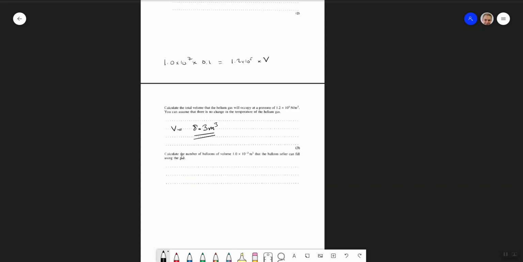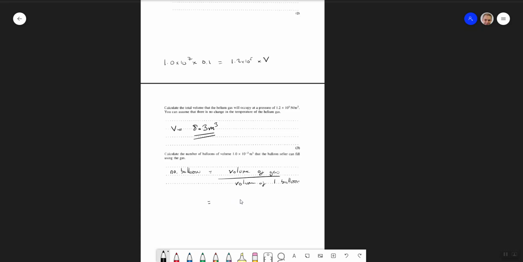So what I will get is the number of balloons I can fill is equal to the total volume of gas I've got divided by the volume of one balloon.